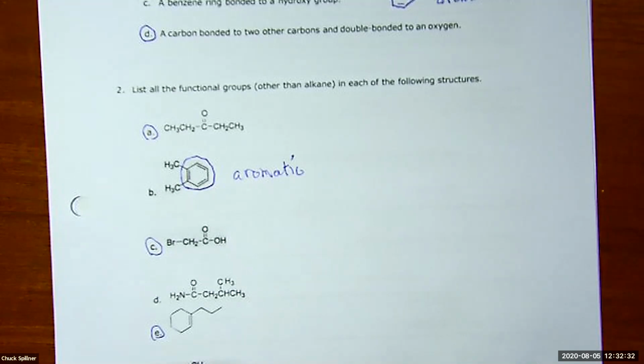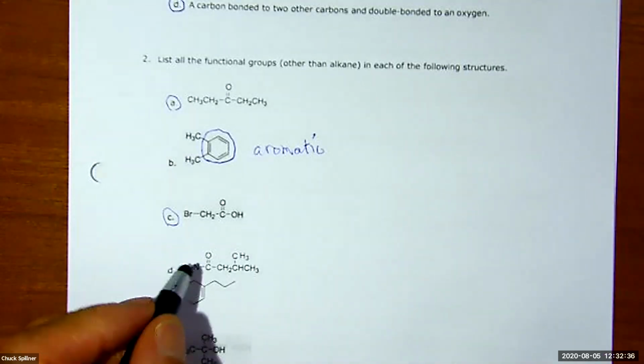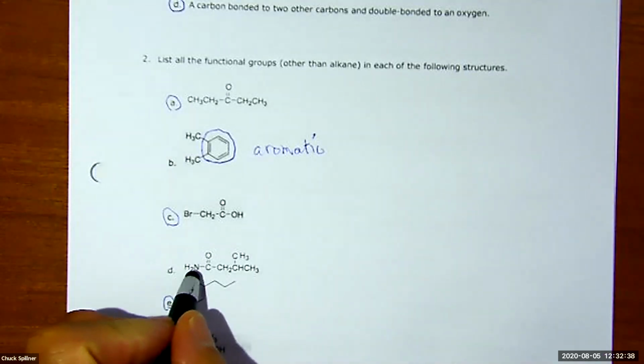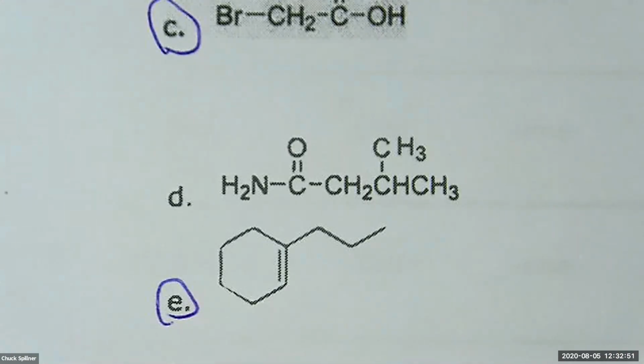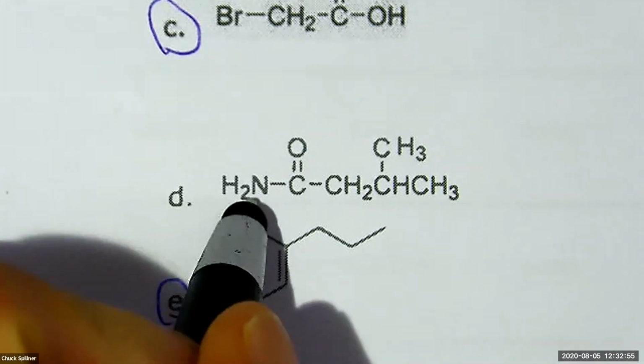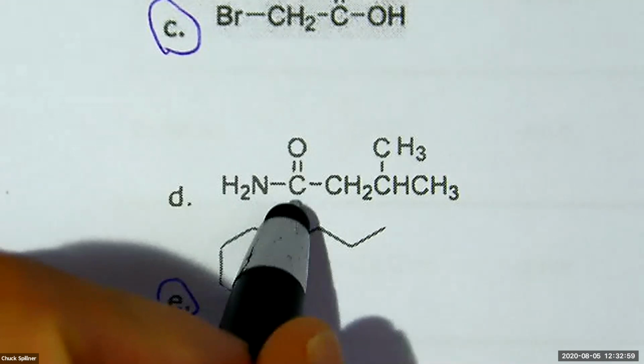Okay, let's look at D. So D looks like it has NH2, but I'm going to zoom into this so you can see it better. There we go, that's a lot better. Okay, so we're doing D. D has an NH2, but it's connected to a carbonyl. So that makes a new functional group.